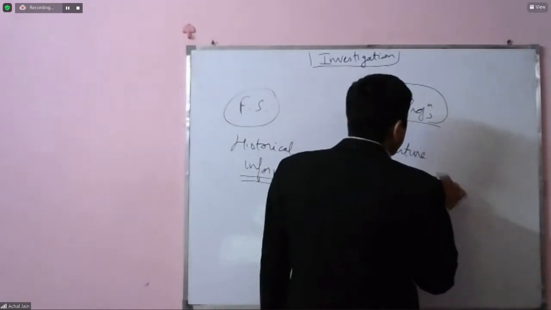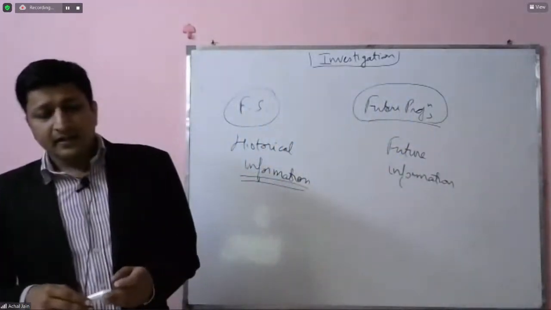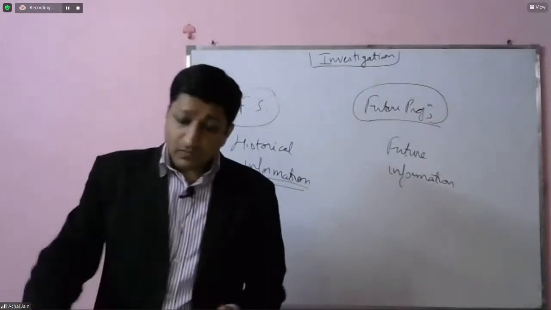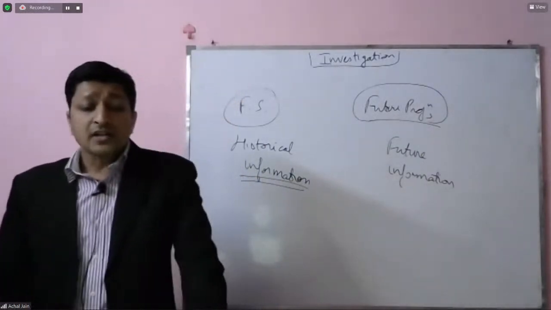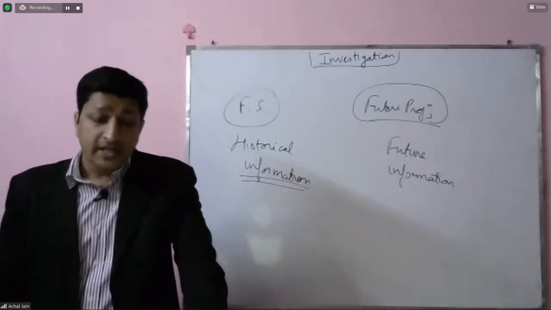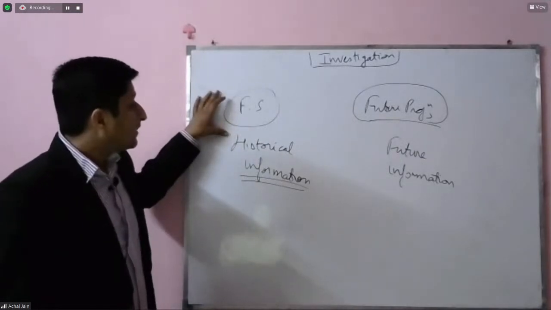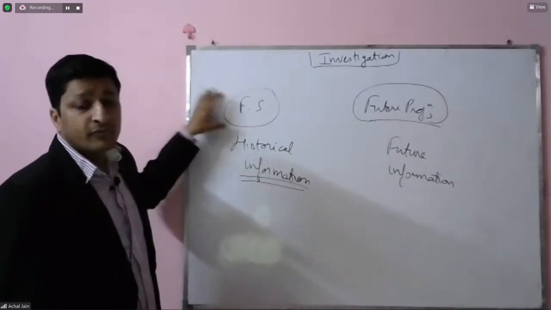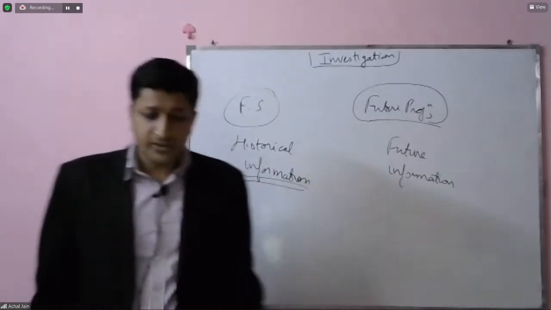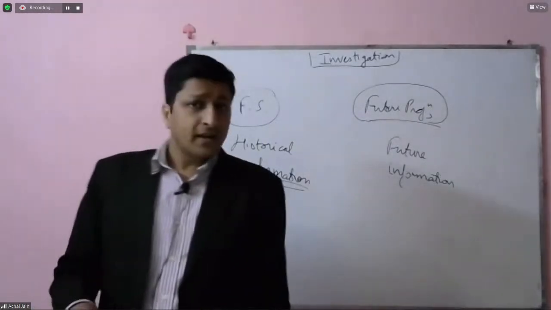So we can understand the approach in these two cases are significantly different. Therefore, forecasts are not capable of verification by the reporting accountants in the same way which will be followed for historical financial information. Okay, clear on this?